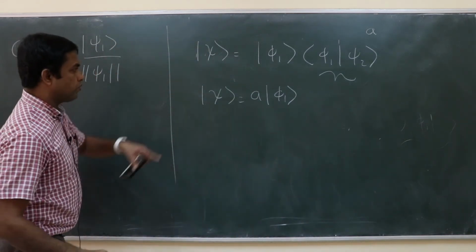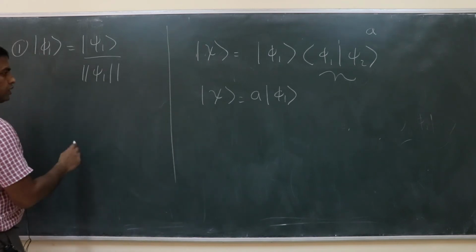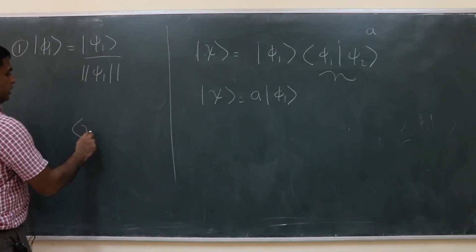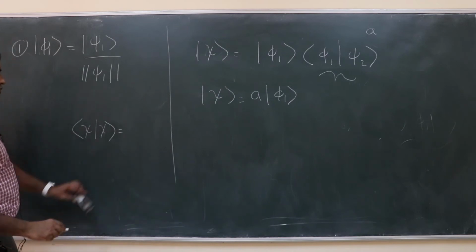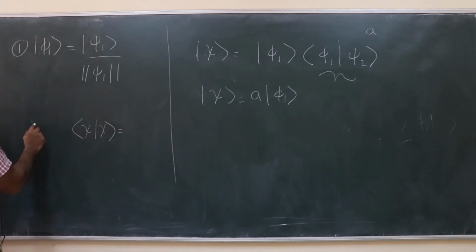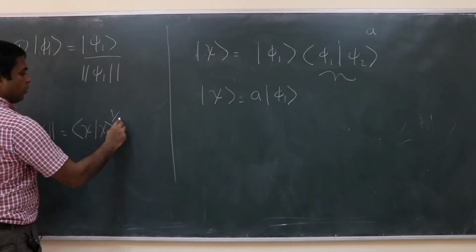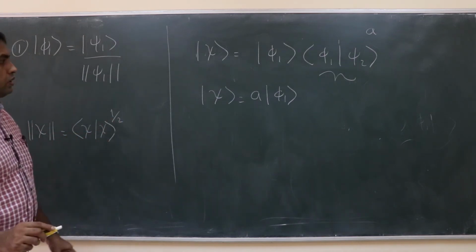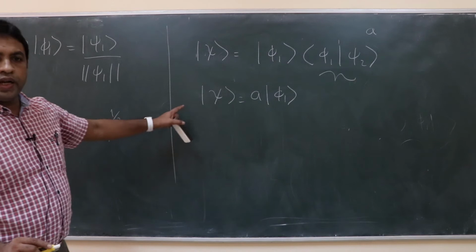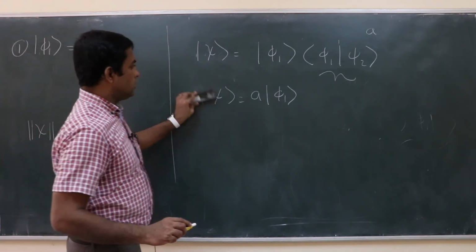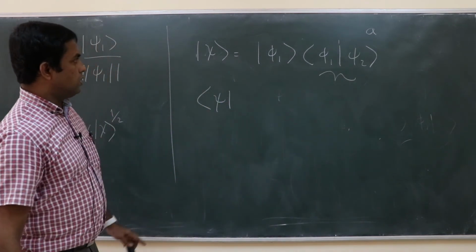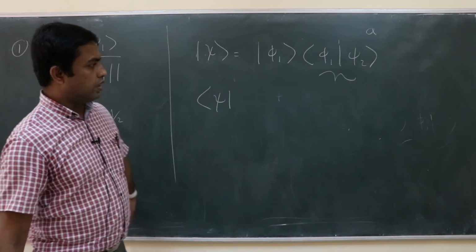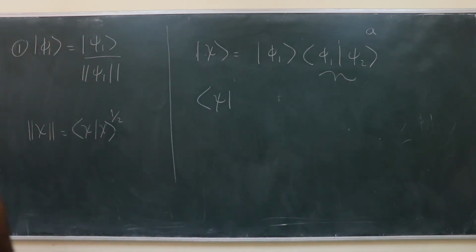If I want to find the norm of ket chi, I take bra chi ket chi to the power 1 by 2. So the idea is to write down bra chi. After getting bra chi, we can do the remaining calculations.